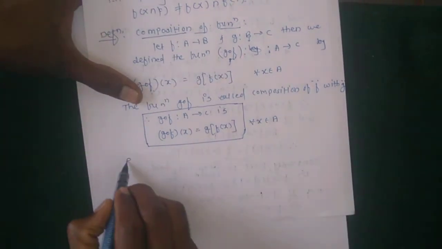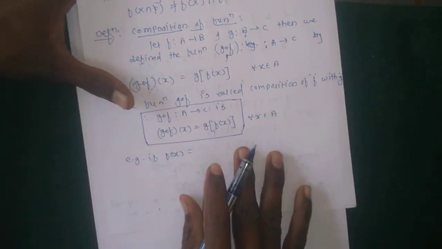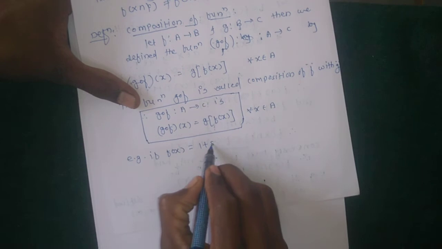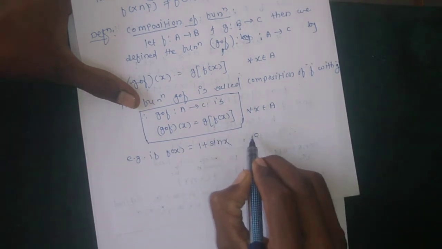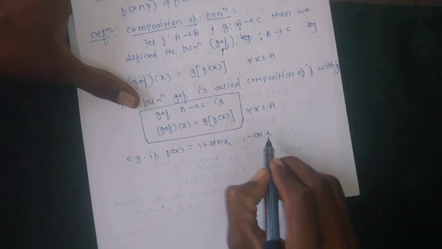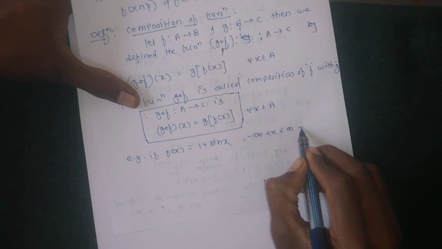So, for example, if f(x) = 1 + sin x, where x belongs to minus infinity less than x less than infinity, which means x belongs to the set of real numbers.